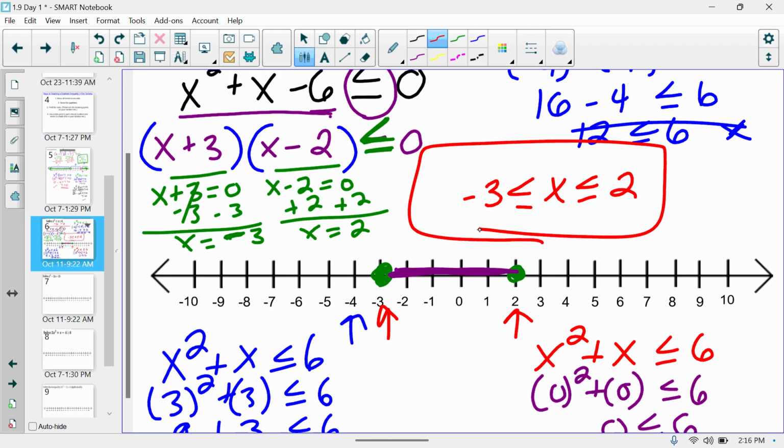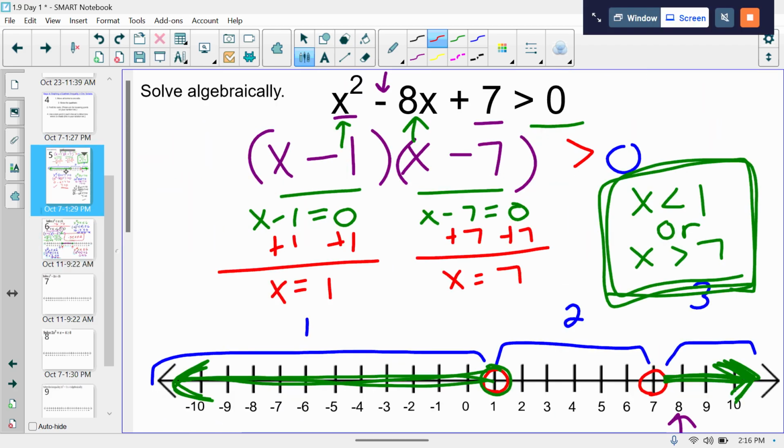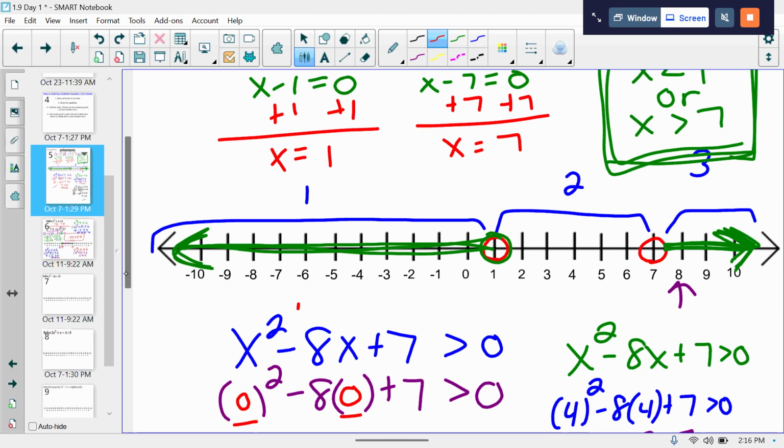All right, put your pencils down for a second because I'm going to teach you a little shortcut. Those problems feel really long right now, but fortunately, I want you to pay attention to the answer. Do you see how this time our answer was the middle region between the 2 points? And on the other one, it was everything but the middle region, like it was the lower region and the upper region.